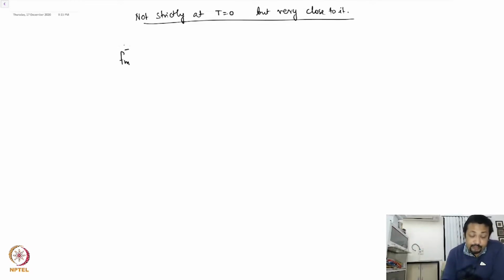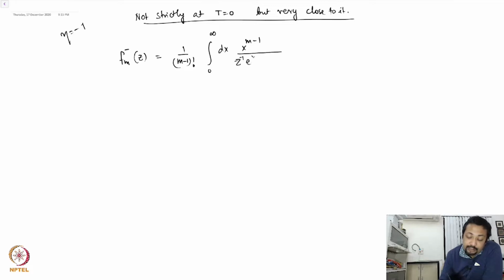Now it's a fermionic system, therefore we put a minus that says this is for a fermionic system where eta is equal to minus 1, and this we had defined as 1 over (m minus 1) factorial, integral 0 to infinity dx x to the power m minus 1 over z inverse e to the power x plus 1.